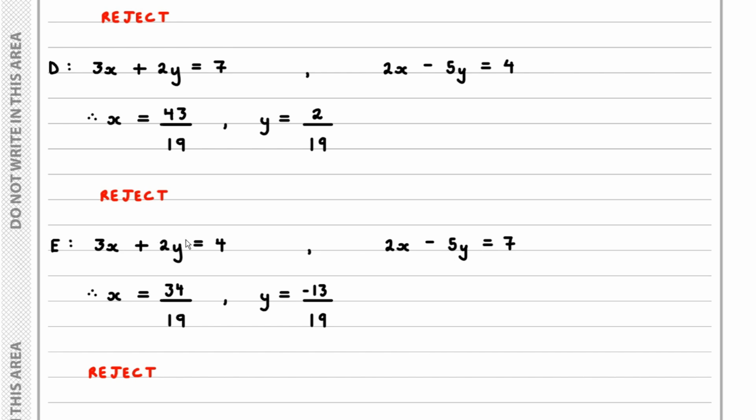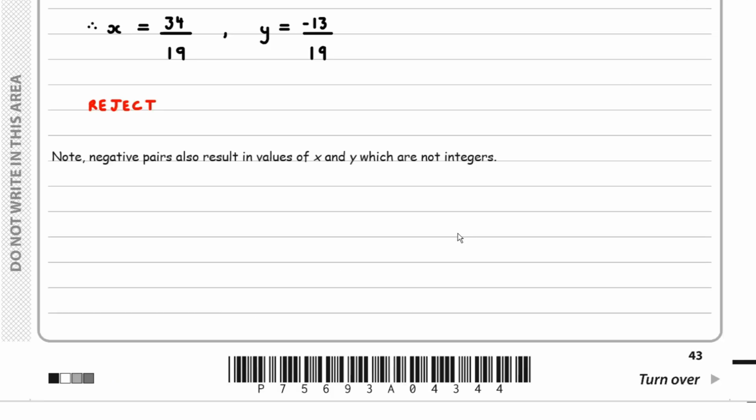So for example, having 3x plus 2y equals negative 7 and 2x subtract 5y equals negative 4, etc. We still would have ended up with similar results to each of these. So essentially, the negative pairs also result in values of x and y which are not integers.